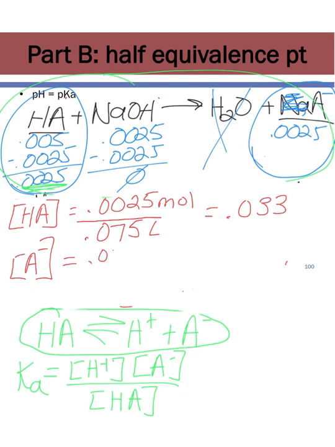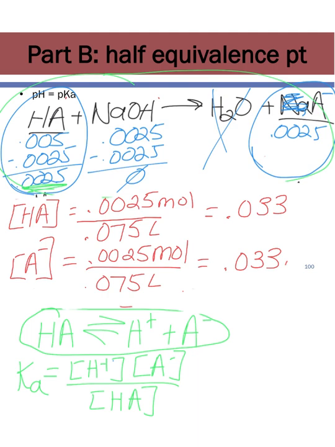So I happen to have 0.025 moles, and I also happen to have 0.75 liters because obviously they're all in the container together, so they're all going to have the same volume. So that is also going to be 0.33. Okay. Now I know my Ka calculation.